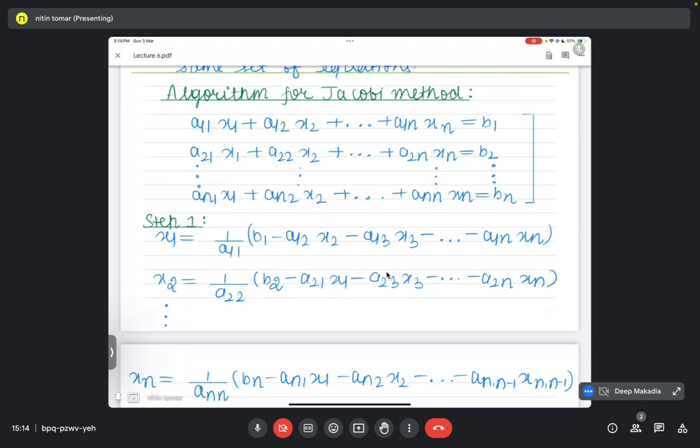Step 1 is where you will see why we are assuming that the diagonal entries of the coefficient matrix A should be non-zero. You separate out x1 from the first equation, and of course it will involve x2, x3, up to xn. You remember that the aij's and bi's are known to us.